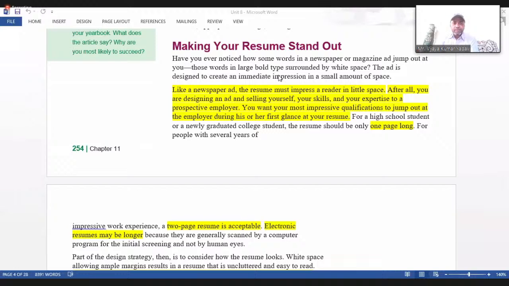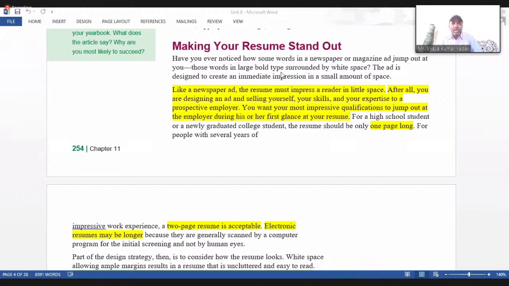Generally, like a newspaper ad, the resume must impress a reader in little space. All of you have seen a newspaper ad. What does a newspaper ad do? It impresses the readers. If the ad impresses you, you buy that newspaper. If it doesn't impress you, you don't buy it. Have you ever noticed how some words in a newspaper or magazine ad jump out at you?